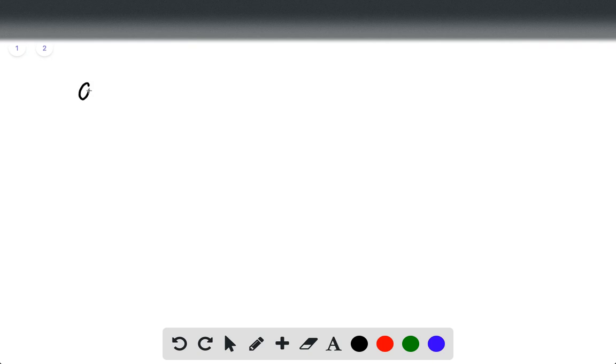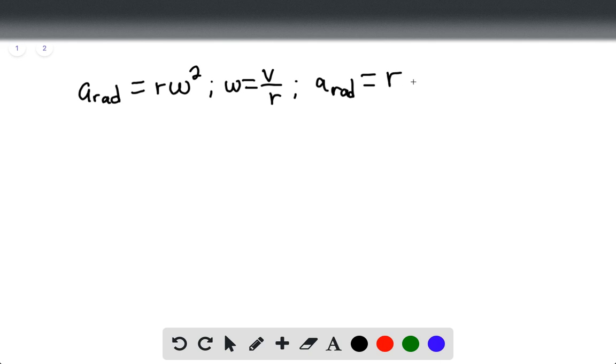To find the radial acceleration, this is going to be equal to r omega squared, and we know that omega equals v over r, so we can say that the radial acceleration is going to be equal to r v squared over r squared, and this is going to be equal to v squared over r.